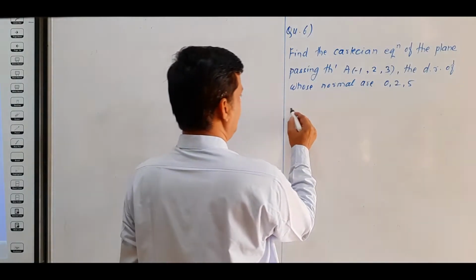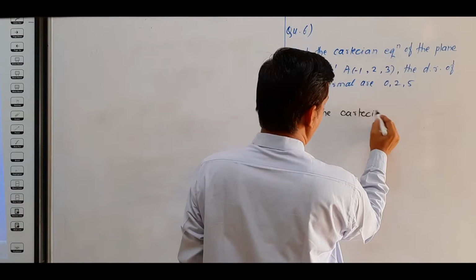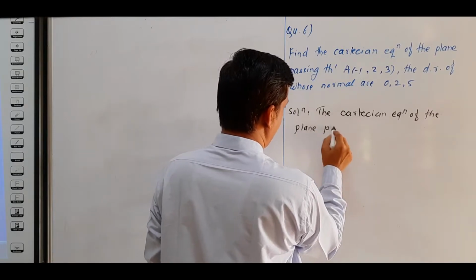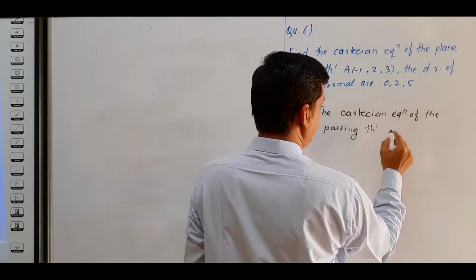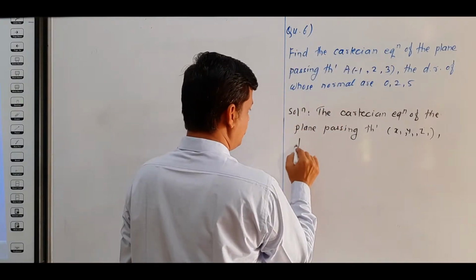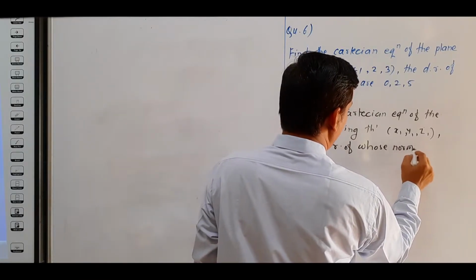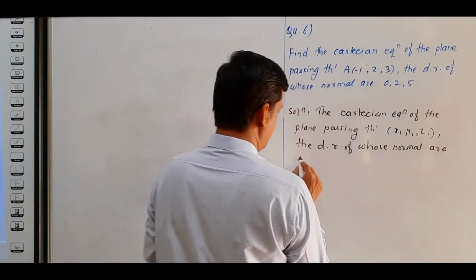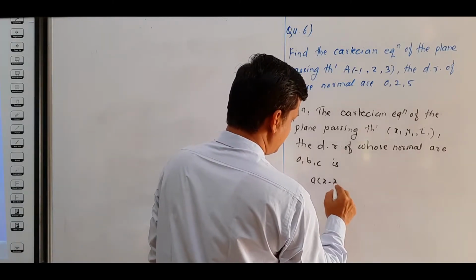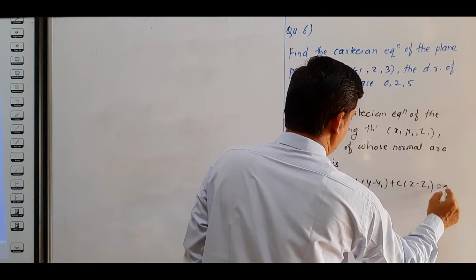So we write in solution, the Cartesian equation of the plane passing through x1, y1, z1, the direction ratios of whose normal are A, B, C is A in bracket x minus x1 plus B in bracket y minus y1 plus C in bracket z minus z1 is equal to 0.